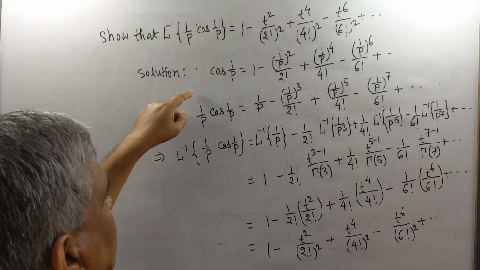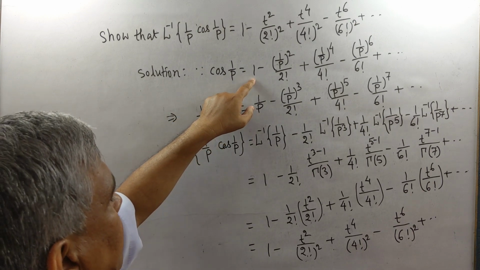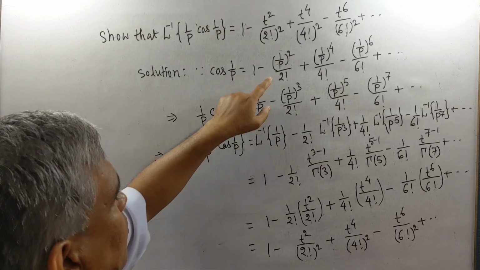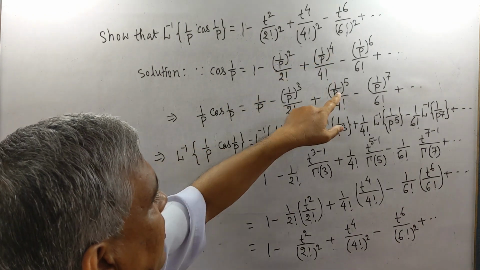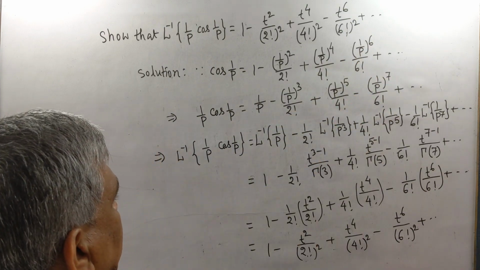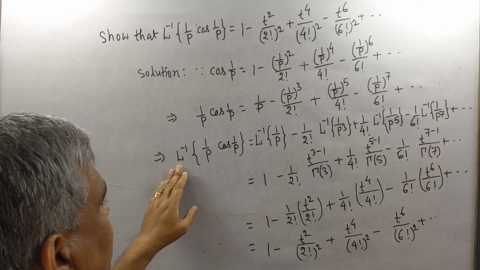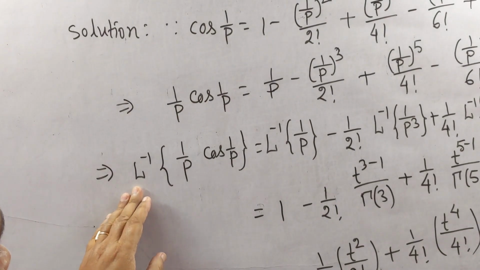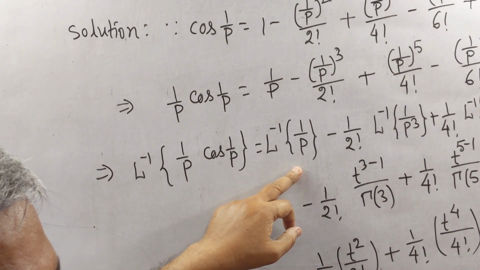So we multiply both sides by 1 by p. Here 1 into 1 by p, 1 by p, 1 by p to the power 3, 1 by p to the power 5, 1 by p to the power 7. Now we apply L inverse. Since Laplace transformation is a linear transformation, the right side will be separately inverse Laplace transformation.